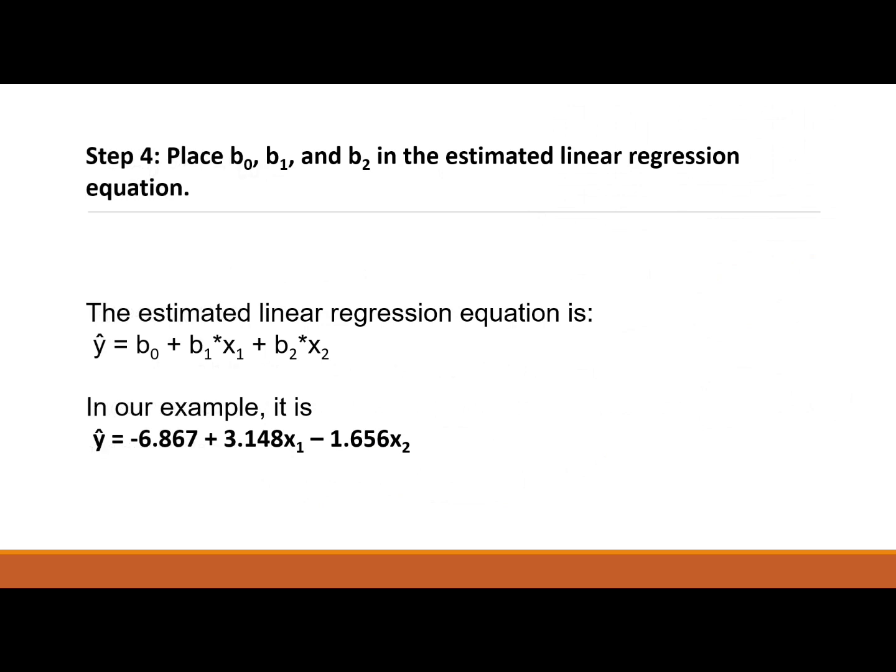Step 4, place B0, B1, and B2 in the estimated linear regression equation. So here is our estimated linear regression equation. From our example, we have y equals B0, or beta 0, which is negative 6.867.